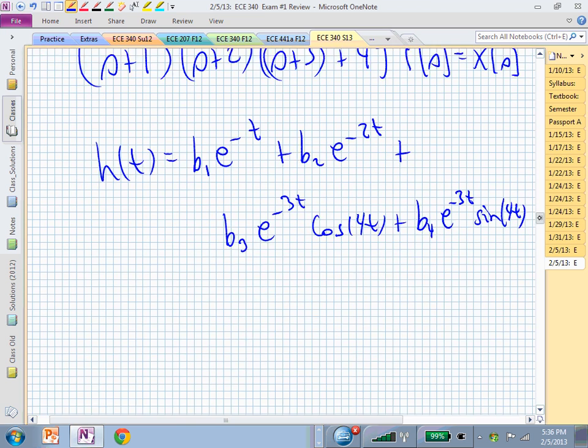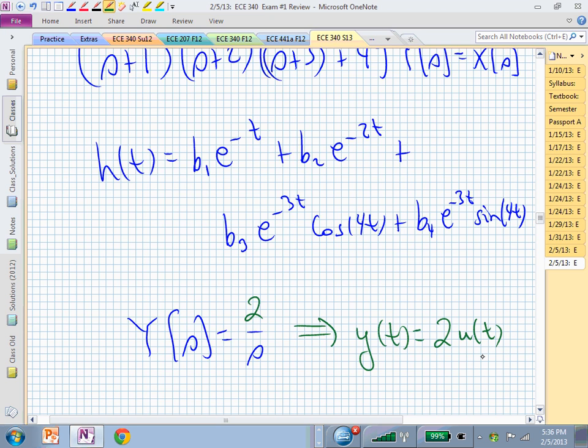If you had something like Y of s equal to 2 over s, the 1 over s gives you a constant. That's the unit step.